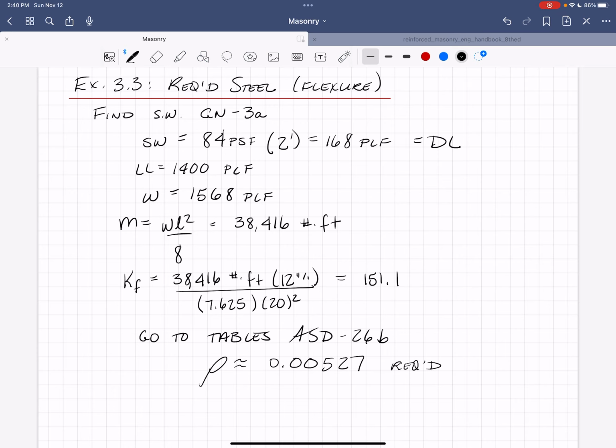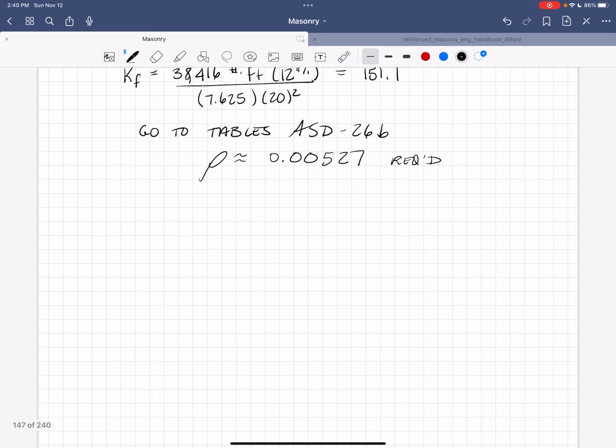So it's the required steel area, and I know rho is A sub S over BD. Then I get an AS required of 0.80 inches squared. I can go into table GN-20A, I believe, and look at that.